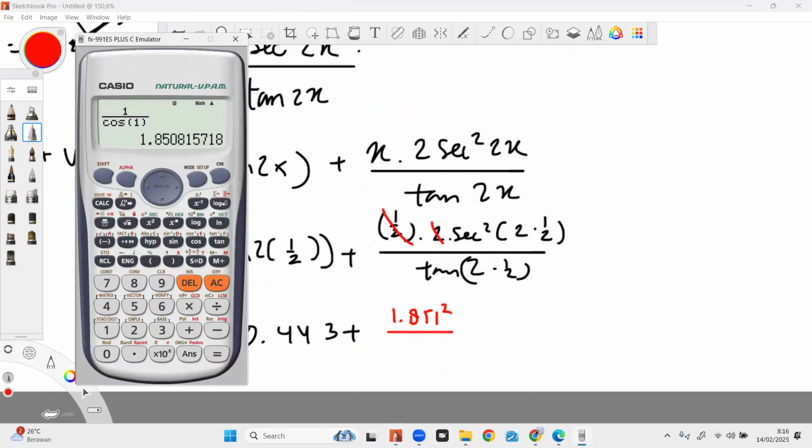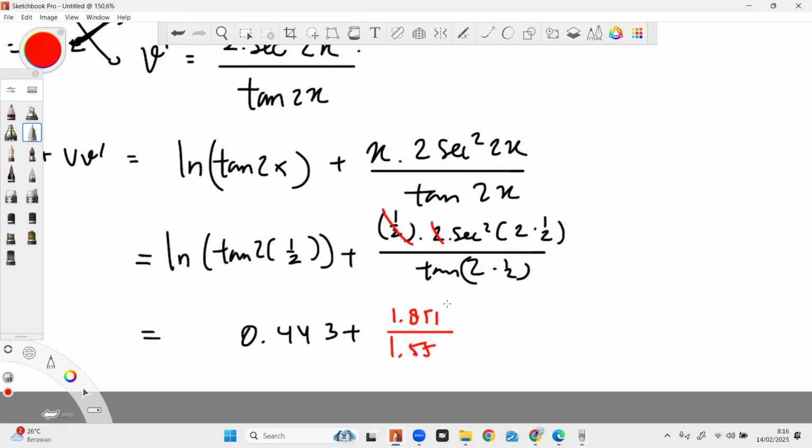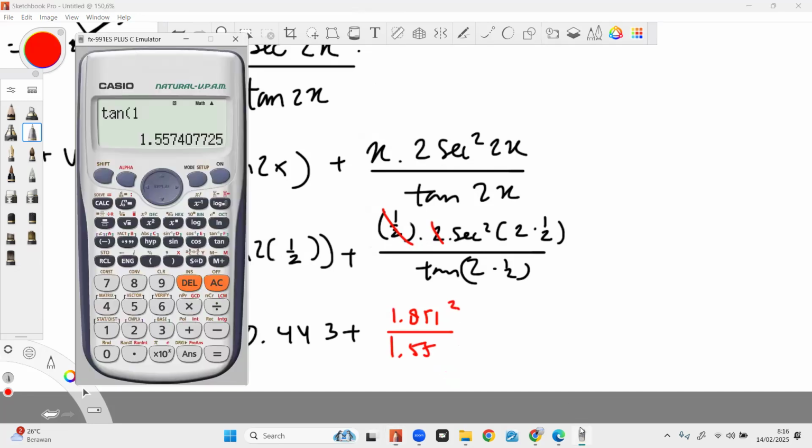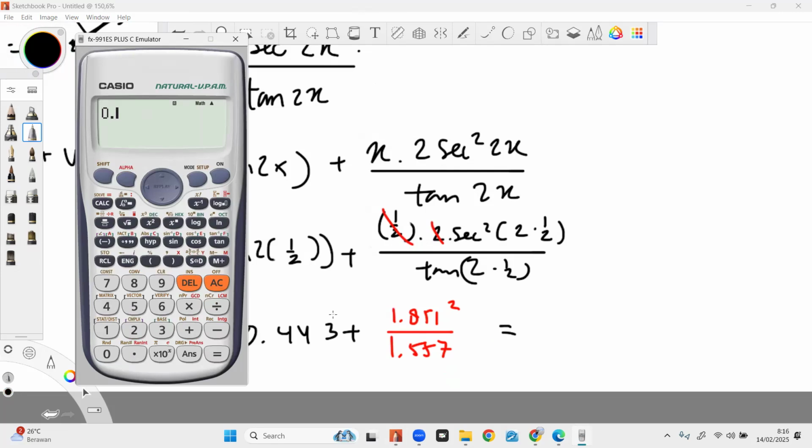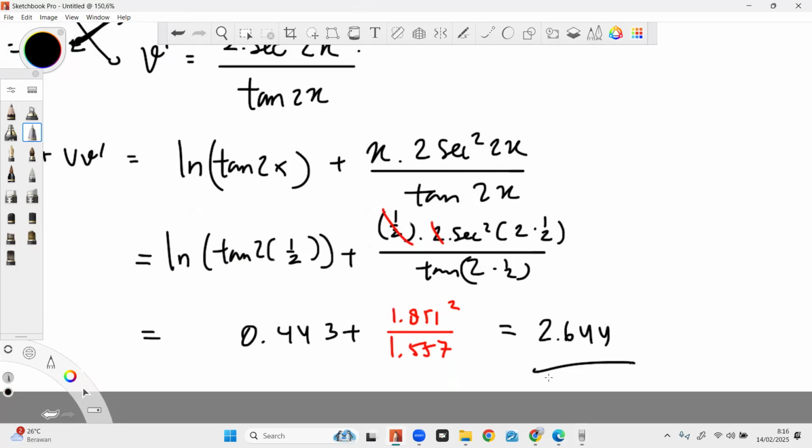Tan 1 radian is 1.55, 1.558, 1.557. So you can get the specific answer. Please, someone cross-check with the calculator, with the answer key. 2.64. Wait. Here, let me finish this first. 2.643. 2.644. Clear, near enough.